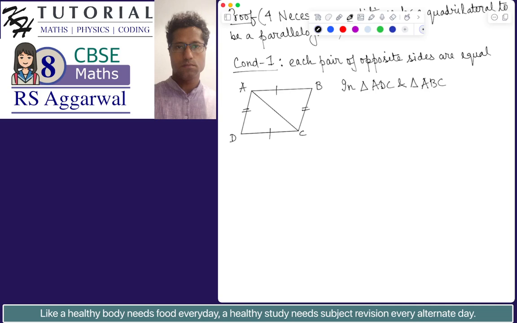In triangles ADC and ABC, we have AD equal to BC based on the fact that the opposite sides are equal, and we have DC equal to AB, and AC equal to AC, the common side.